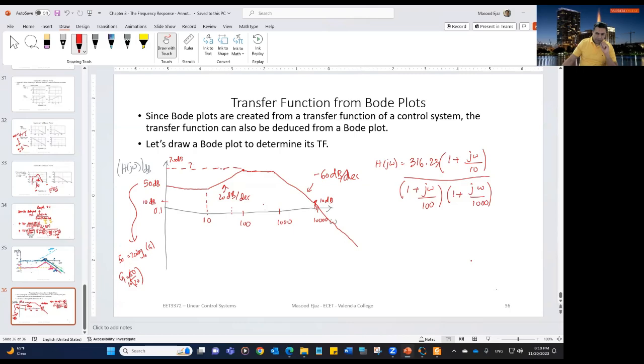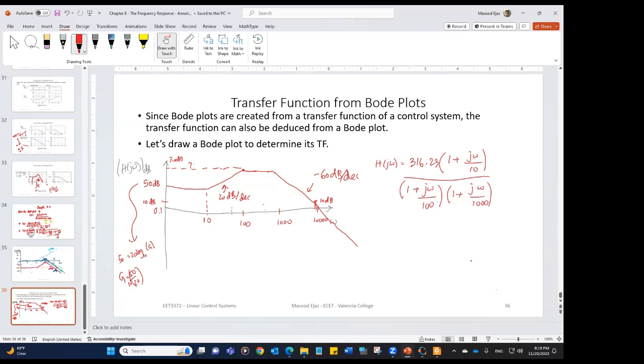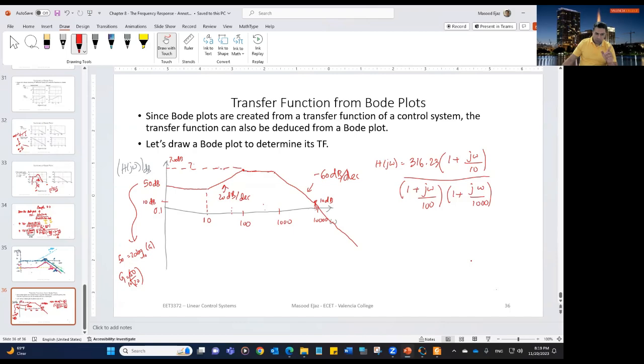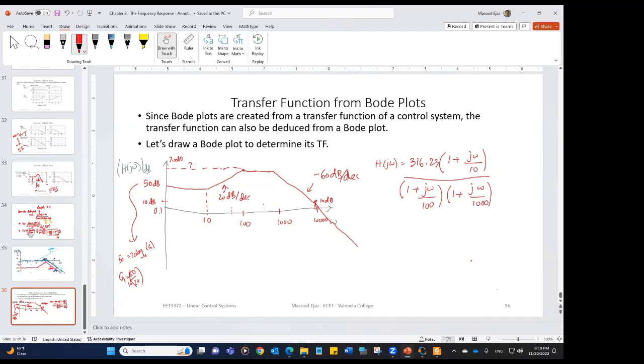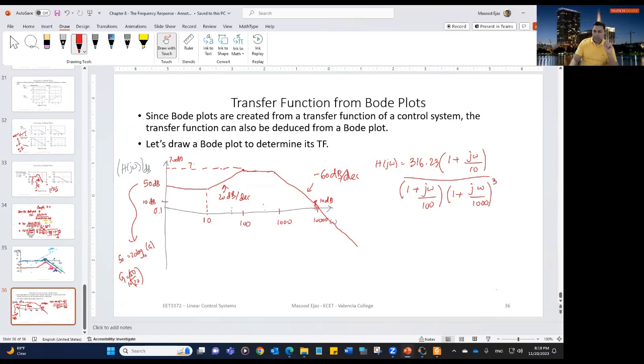Yeah. It has to go down 60 decibel per decade, but the way it's written in the transfer function, it's only 20. So what power should be there? It should be 3. Exactly right. So that's going to be a cubic power. There are 3 poles that have the cutoff frequency of 1000.